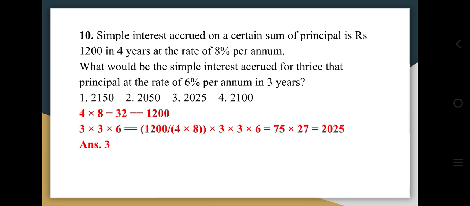And here is a similar problem, but here simple interest accrued is given, not the amount it becomes. Simple interest accrued on a certain sum of principal is 1200 in 4 years at the rate of 8% per annum. What would be the simple interest accrued for thrice that principal, not the same principal amount, 3 times the principal amount, at the rate of 6% in 3 years?